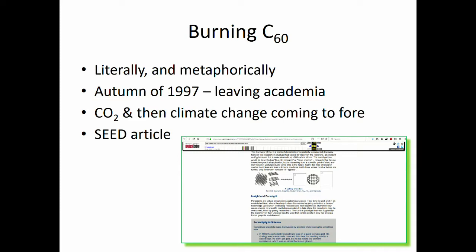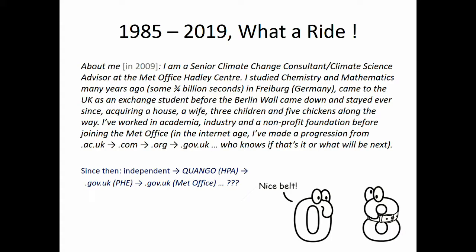climate change. So this is what I'm doing now. Very much removed from C60, of course, but still keeping an eye on what goes on in carbon chemistry. And so I've written a couple of papers or pieces for young people to inspire them into science.